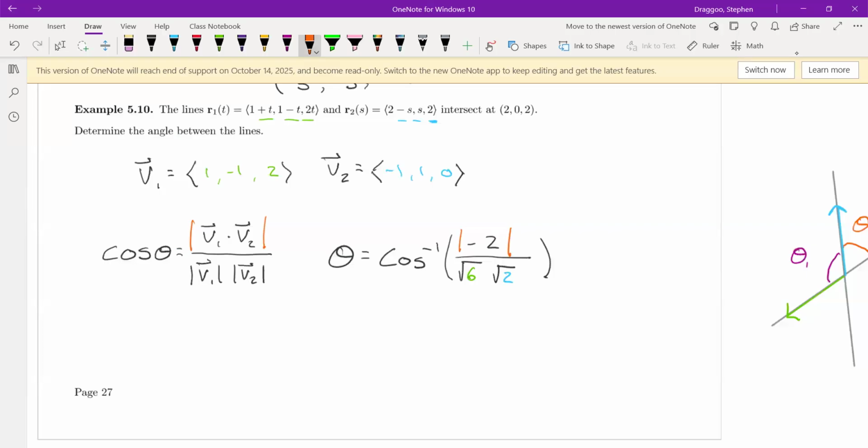So anytime I take the inverse cosine of a positive number, as long as that positive number is less than 1, I get a solution that's somewhere in the first quadrant. So in particular, this has got to be theta number 2 that we're going for. The orange one. So if we're looking for the angle of intersection between two lines, again, it has to be the acute angle. So we're going to be taking its absolute value.